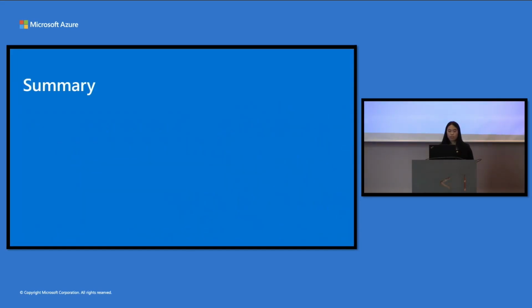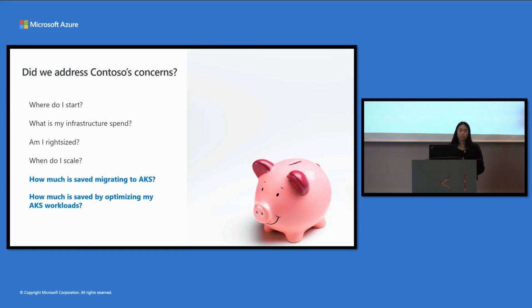So in summary, did we address all of Contoso's concerns? Where do I start? We chatted about fundamentals, best practices with the portal presets, the dev test clusters, and picking VM SKU types. What is my infrastructure spend?